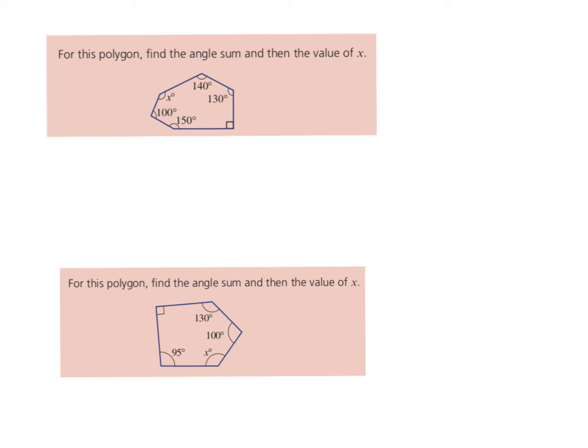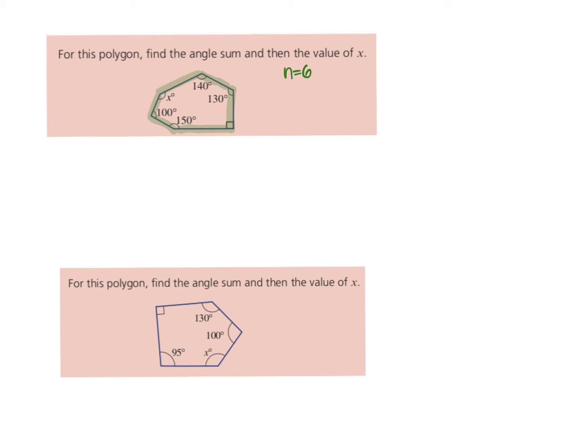So let's see. For this polygon, find the sum and then find the value of x. So we need to know this is a polygon because it's a straight-sided shape. So we've got 1, 2, 3, 4, 5, 6. So n equals 6. There's 6 sides to this shape.